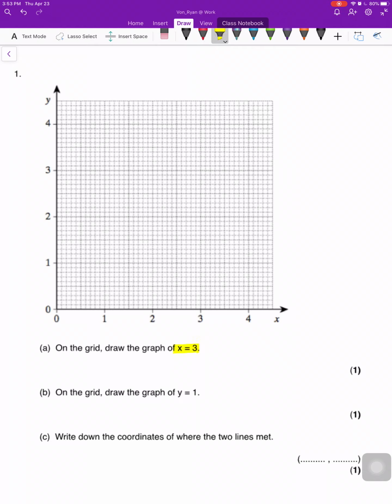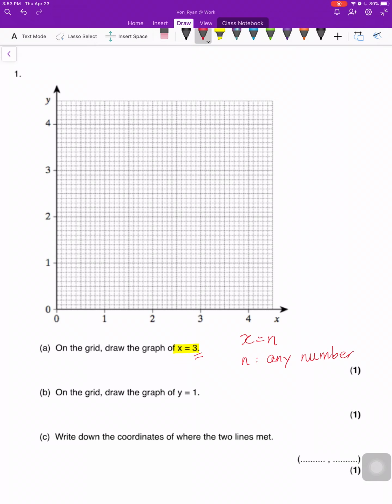If you see a linear equation that tells you that x equals 3, or any value of a number, and the equation goes x equals n, where n is any number, positive or negative, you would automatically look at a point on the x-axis, in this case the positive x-axis because this is positive 3, and draw a vertical line through that point in the x-axis.